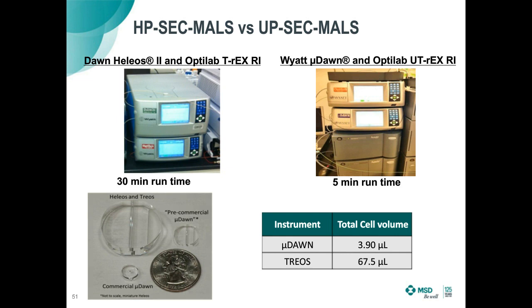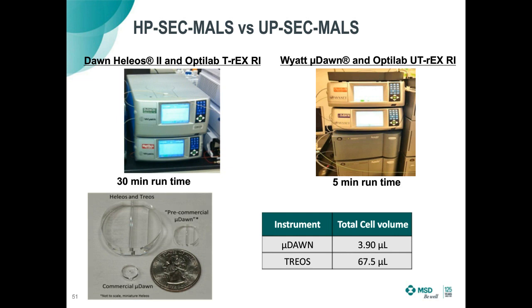So the large Helios and Trios flow cell has a large volume with the flow path running across the flow cell. The pre-commercial MicroDom also was a smaller version of this flow cell with the flow path running across. They were able to shrink down the volume even more by changing the flow path from going to the top to the bottom of the flow cell and really decrease the volume.